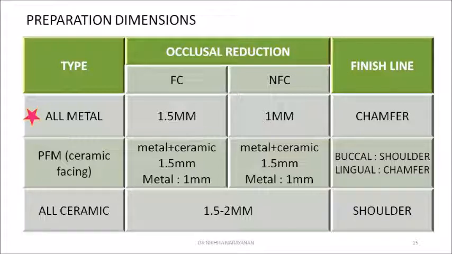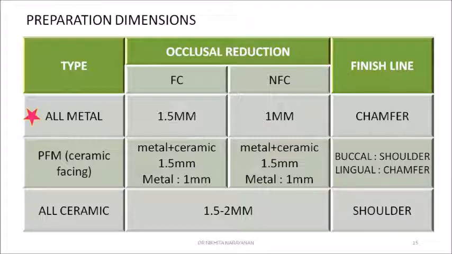So for an upper molar, if you are giving a ceramic facing restoration, the non-functional cusp will come in ceramic. There will be metal and ceramic, so the reduction required is 1.5 mm. But for the lower molar, the non-functional cusp, that is the lingual cusp, there is no ceramic on the lingual side. So the reduction required is 1 mm.